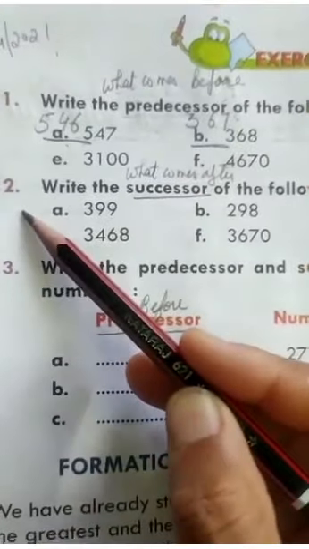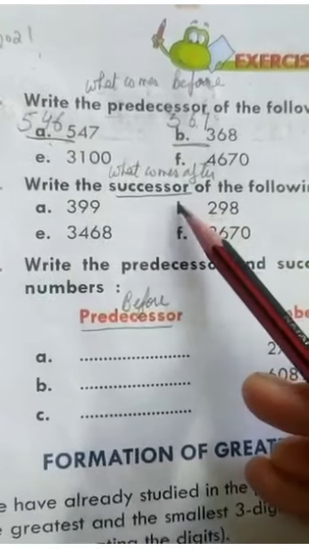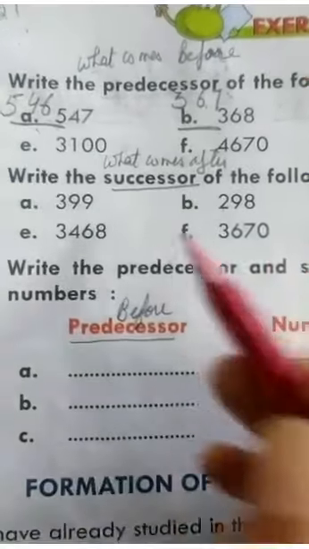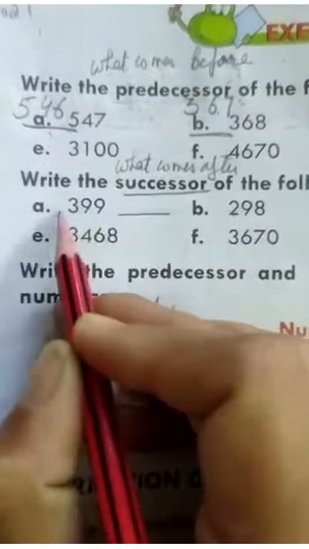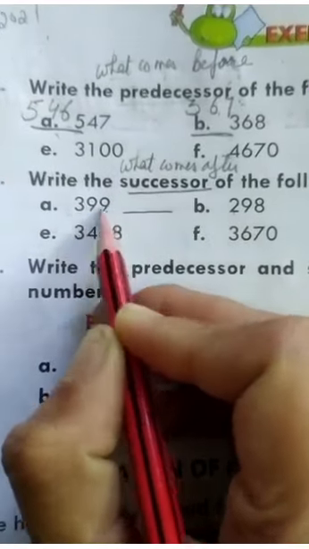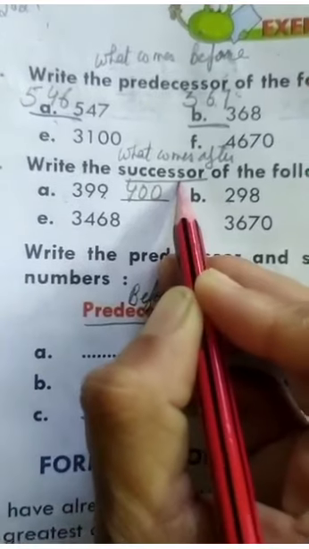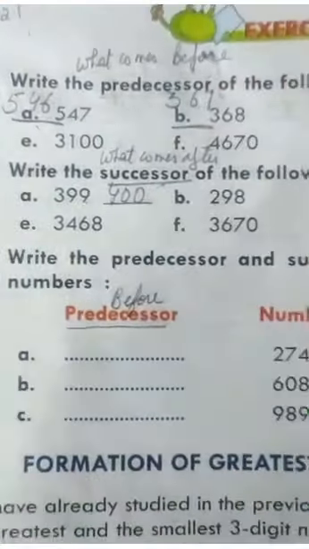Now question 2, write the successor of the following. Successor means what comes after. After means next number. As you can see here, 399. So what is the next number after 399? 400. So this is the successor. Successor means next number. Predecessor means before number.